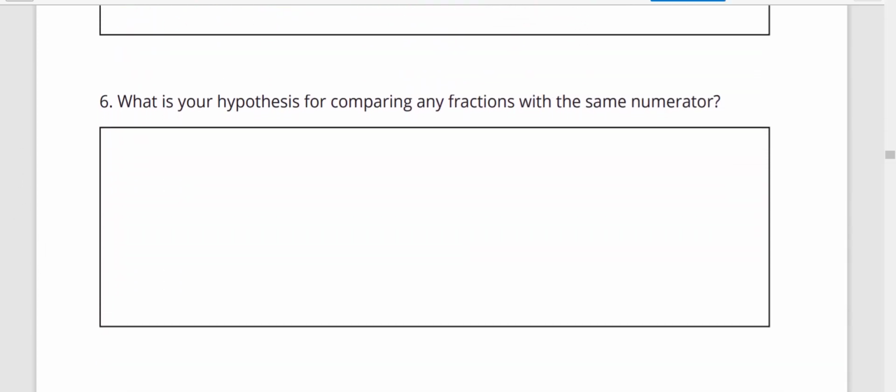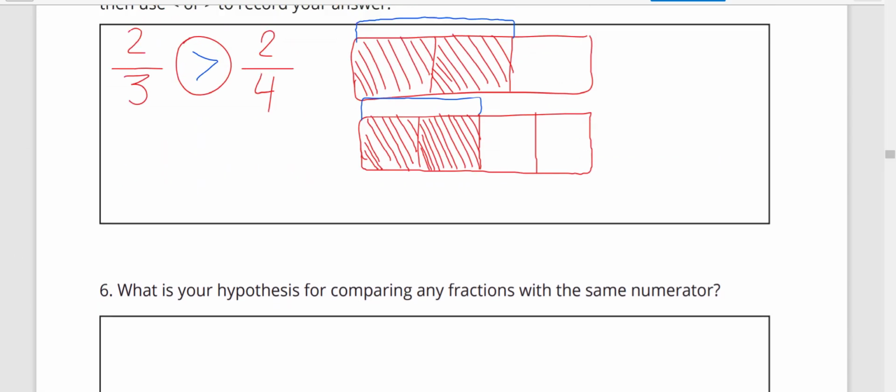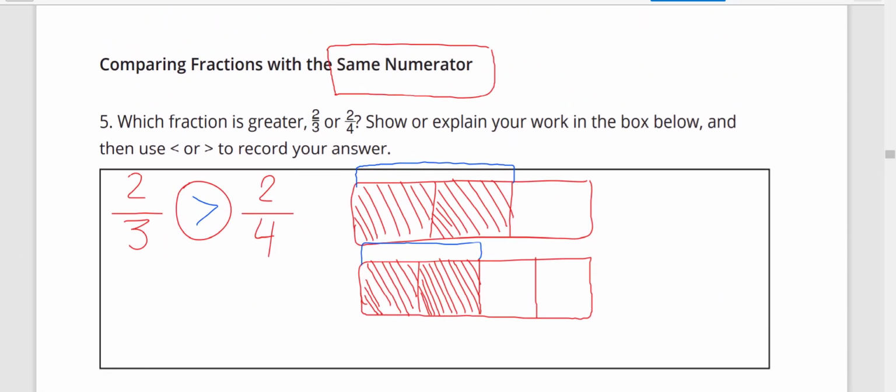What is your hypothesis for comparing any fractions with the same numerator? When we compare two fractions with the same numerator, the one with the greater denominator is the smaller fraction.